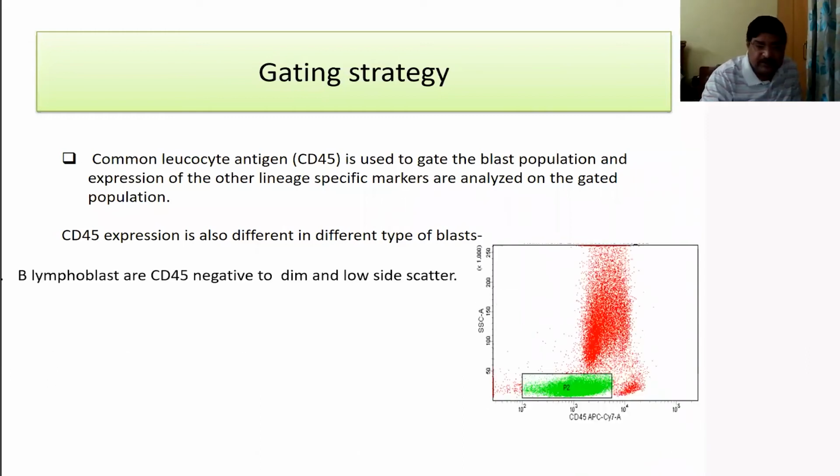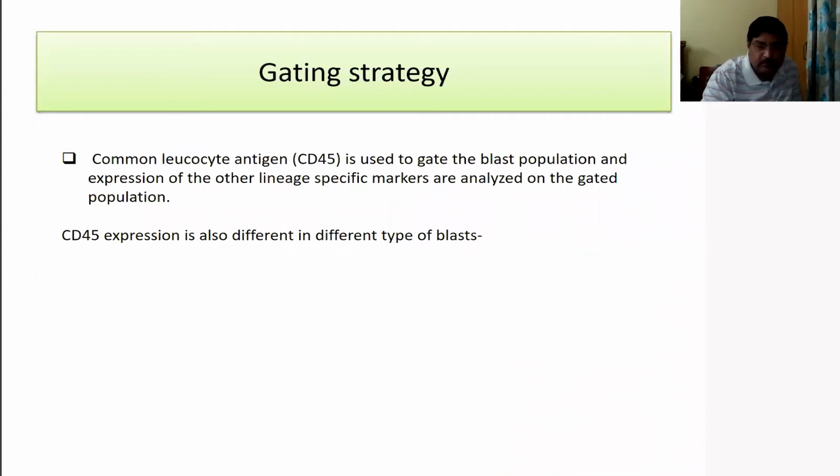Yes, you can see that the B lymphoblasts are CD45 negative to dim, whereas T lymphoblasts are dim to moderate in terms of CD45. And the majority of the blasts will fall in the forward scatter and side scatter based on their size and cytoplasmic complexity. Next. We can move to the next.